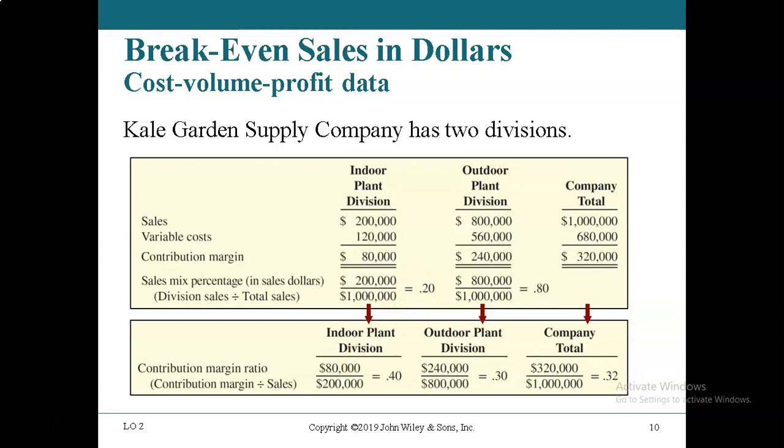So 0.4 is the indoor plant division's contribution margin ratio. For the outdoor plant division, you take 240,000 divided by 800,000, and you get 30%, or 0.3. So here you see 0.32 right here. What is this called, and how did you get it? And why is it important?